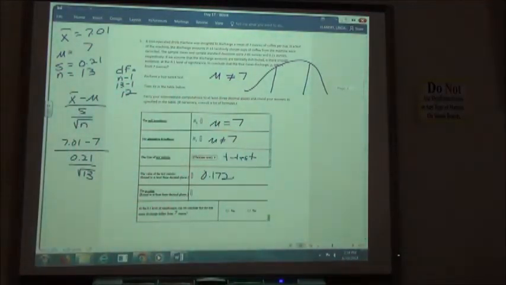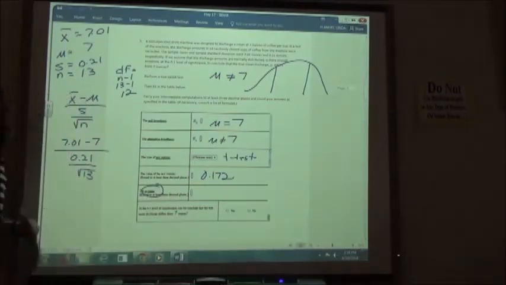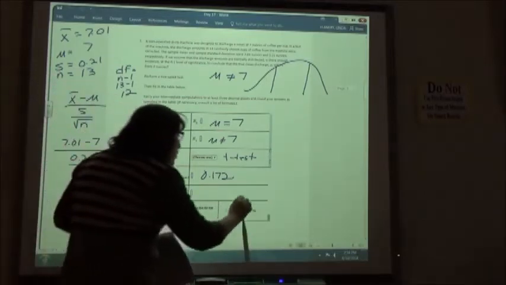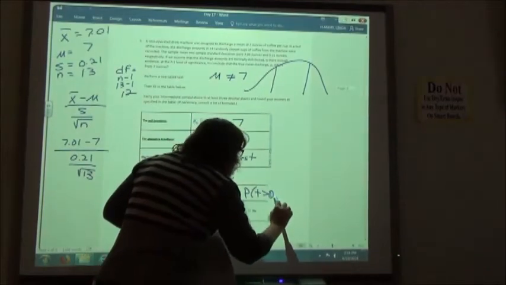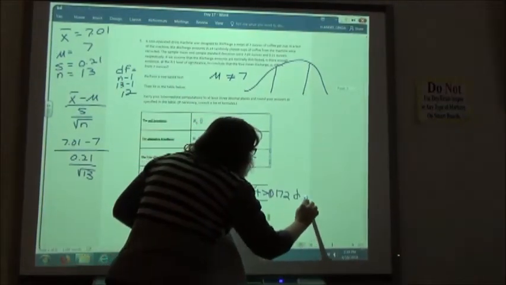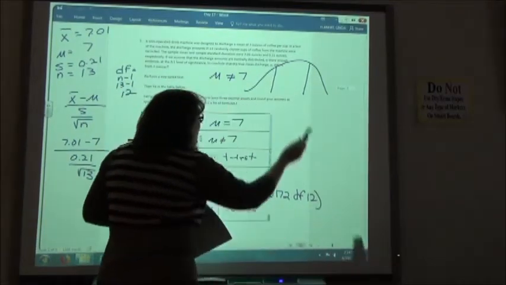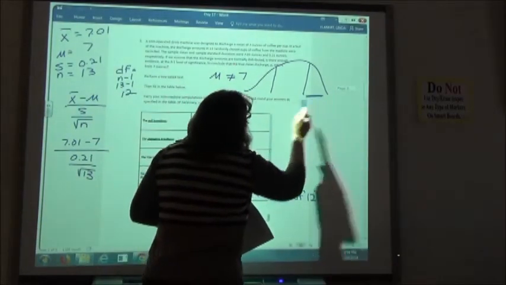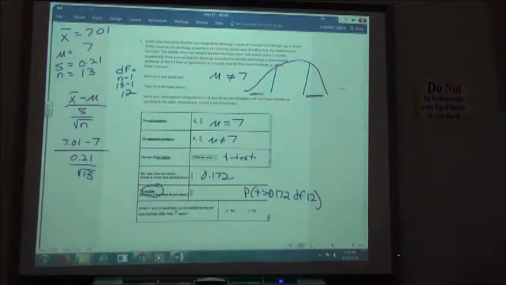I am going to do my test value, and so I'm doing the p-value, so that tells me I'm going to do the p of t. I am going to do p of t is greater than the 0.172 with a degree of freedom of 12. That's going to tell me the number for this section, which is also going to match the number for this section because they should be the same size if I could draw straight. But first we'll find our number.